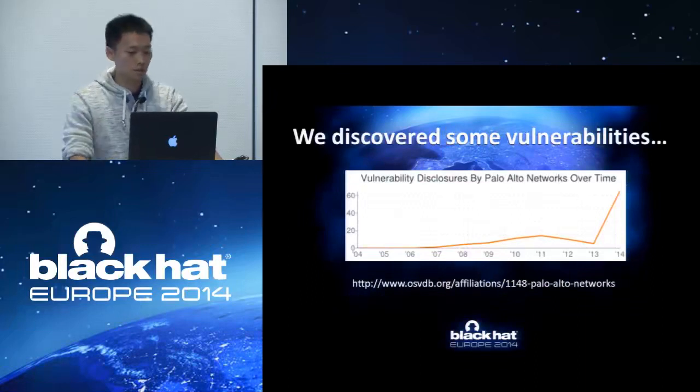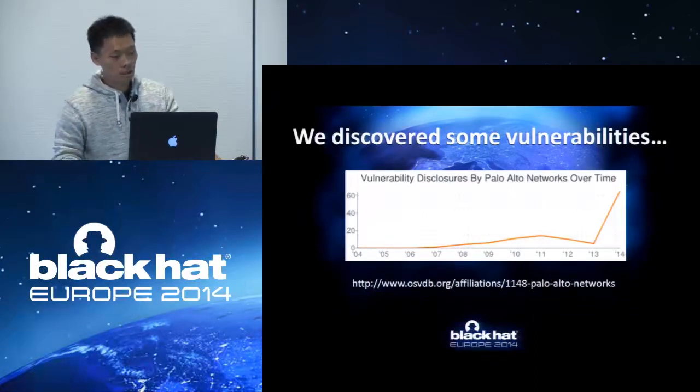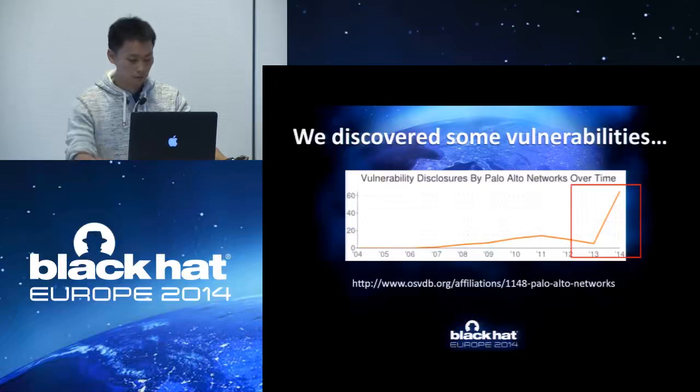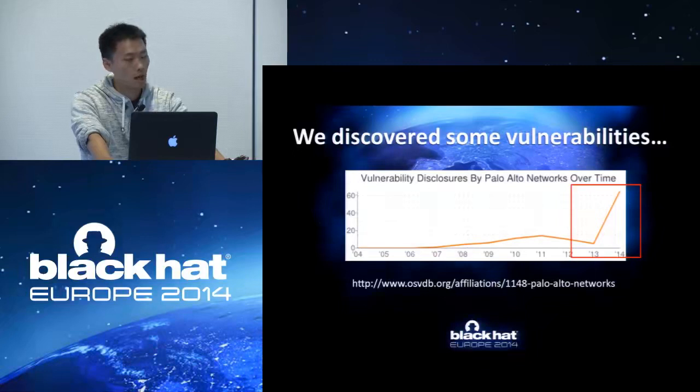This picture is from the OSVDB, and we started trying to find IE vulnerabilities with fuzzing around 1 year ago. And you can see from this picture, the number of CVEs disclosed by Palo Alto Networks starts growing after we began our IE vulnerability hunting.